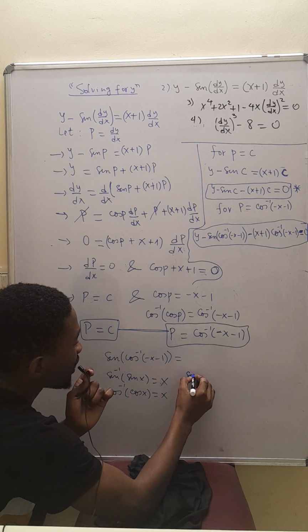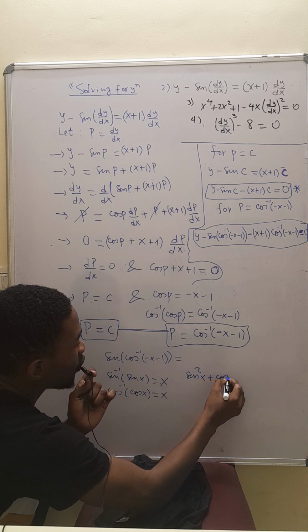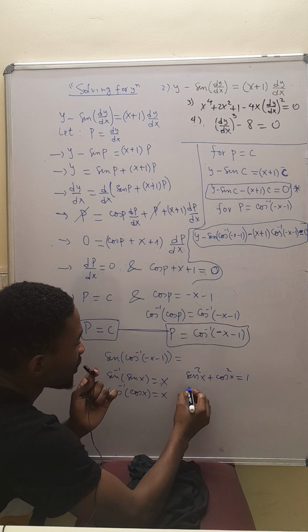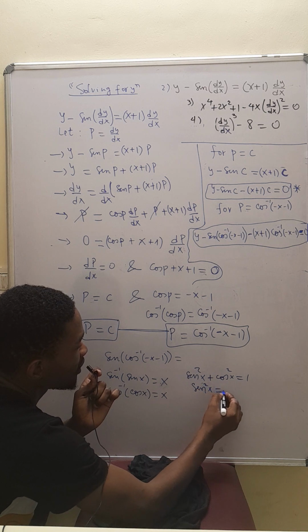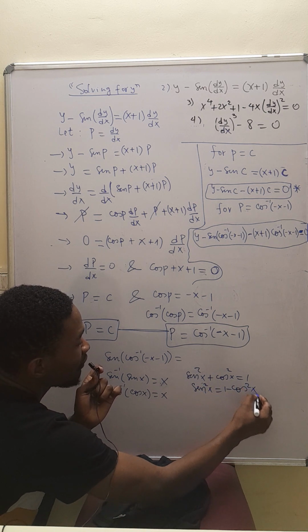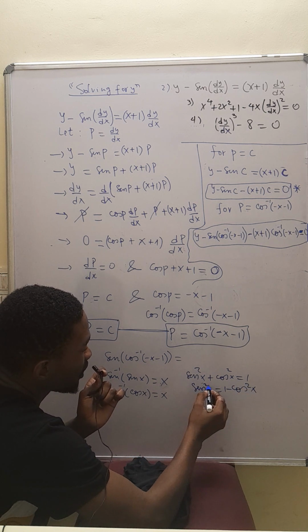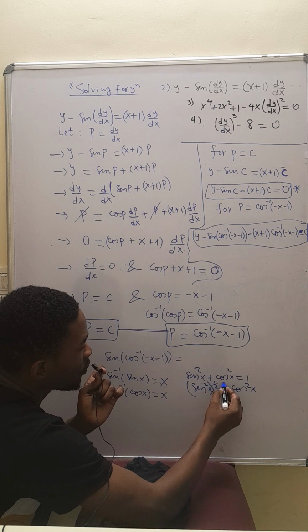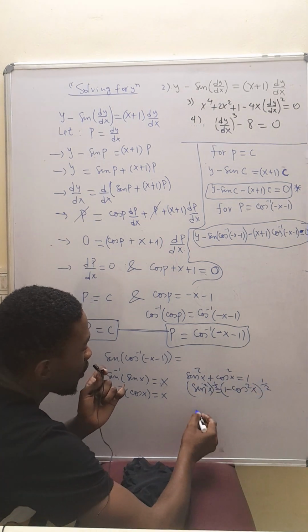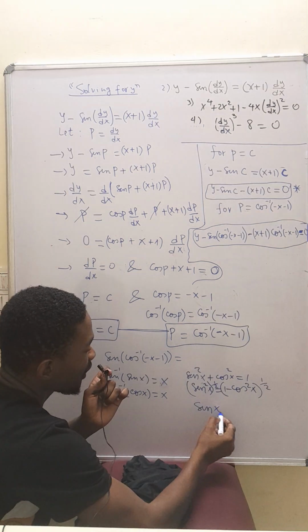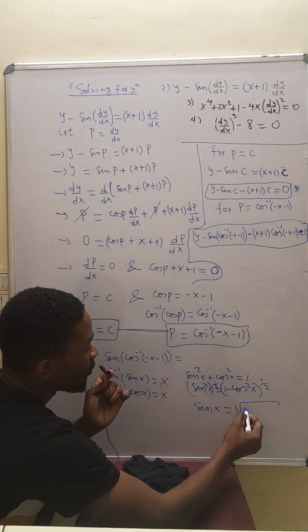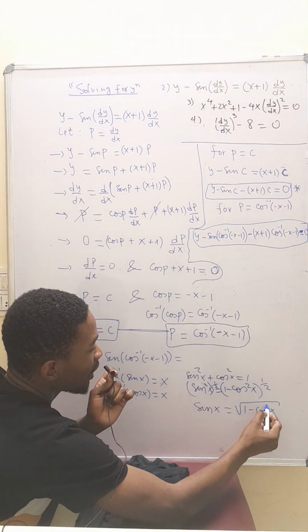We know that sin squared x plus cos squared x is equal to 1, so sin squared x is 1 minus cos squared x. Taking the square root, sin x is equal to the square root of 1 minus cos squared x.